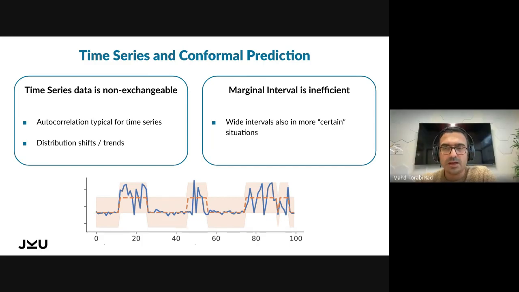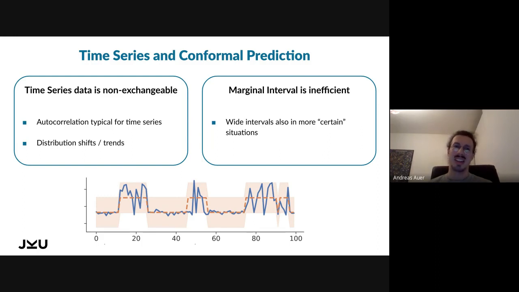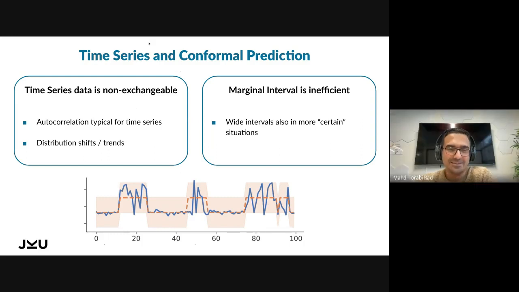Just let me add a follow-up question. Can you give an example of a dataset that is exchangeable but not IID? Actually, I guess no, not at all. I had this once in another context, but I don't have it in my head anymore.